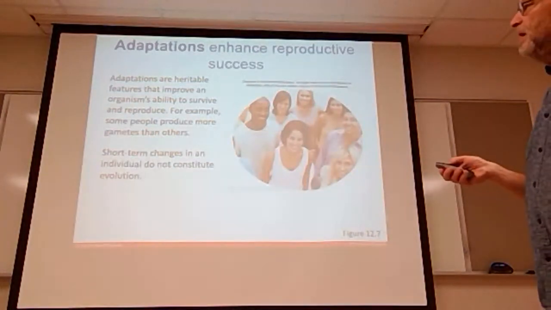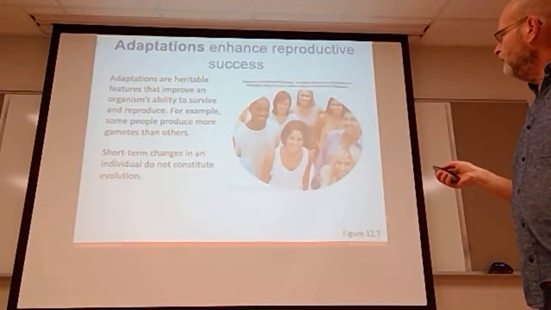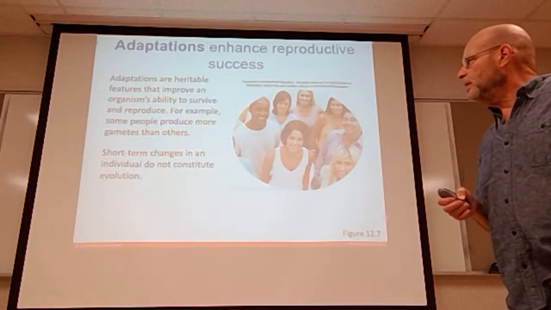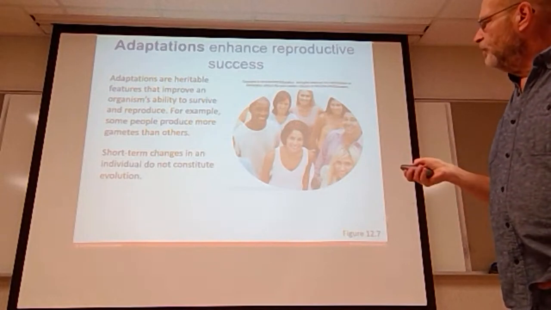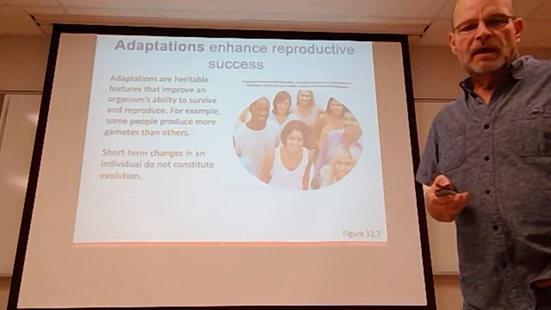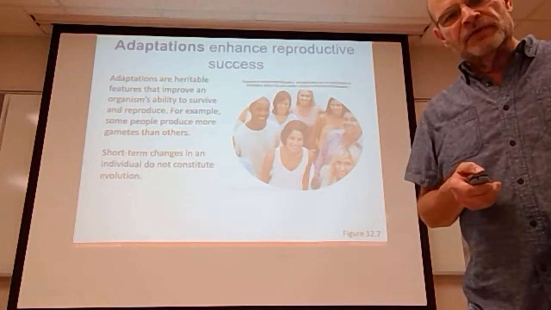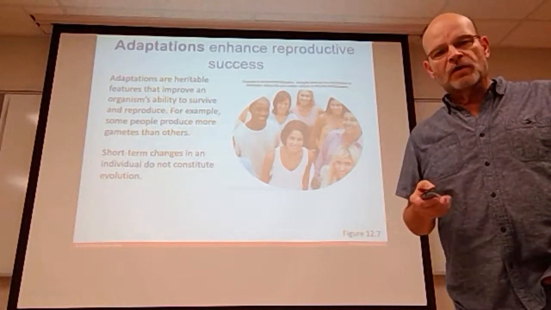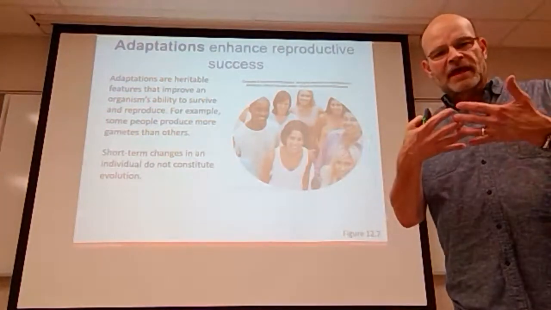Adaptations. These are heritable features that give an organism the ability to reproduce. For example, some people may produce more gametes than others. If you produce more gametes than others, there is a greater likelihood of those gametes getting together.